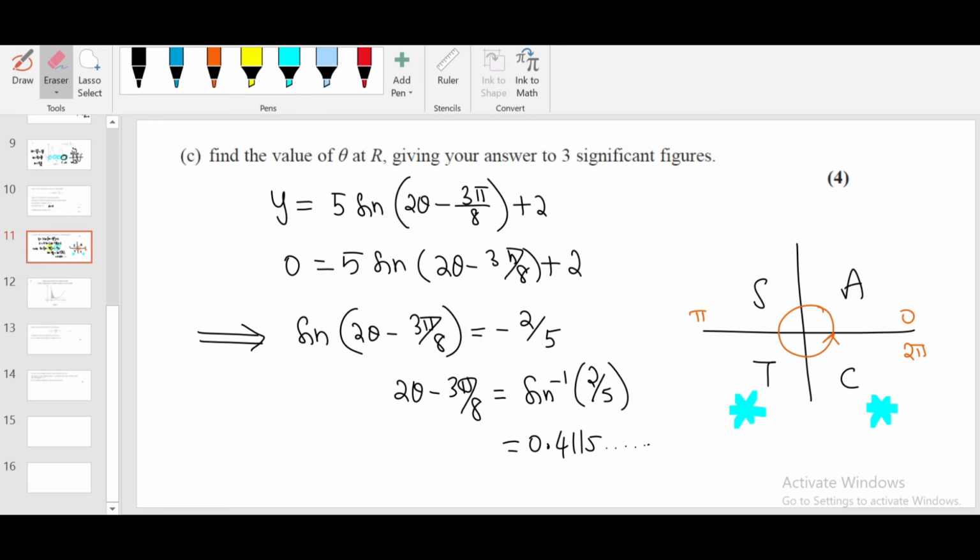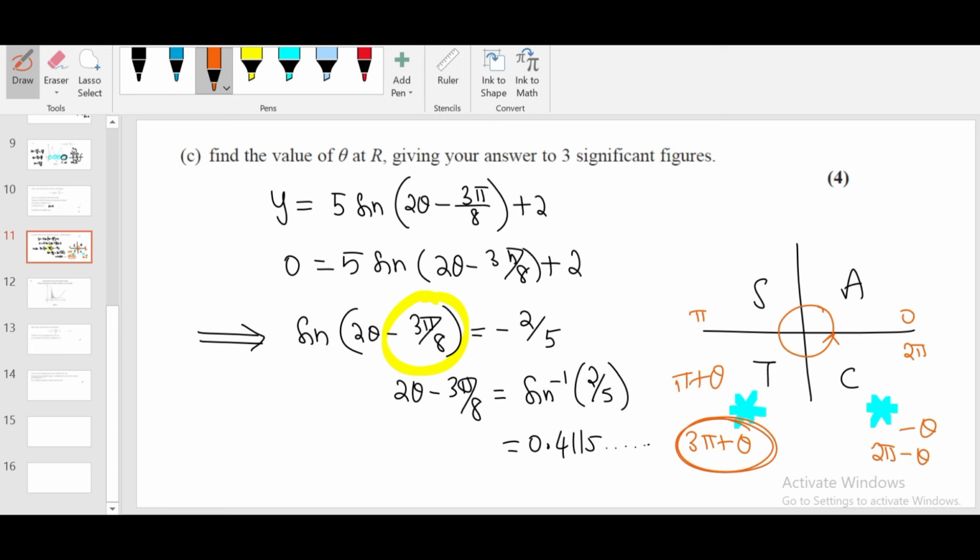So the first solution is, since you have minus 3 pi over 8, you need to take a solution before 0. So before 0 is basically minus theta. That's the first solution. Second solution is, when you go one round, it's pi plus theta. Third solution is here, 2 pi minus theta. Fourth solution is going to be 3 pi plus theta. That's what we need. Theta is the principal value.